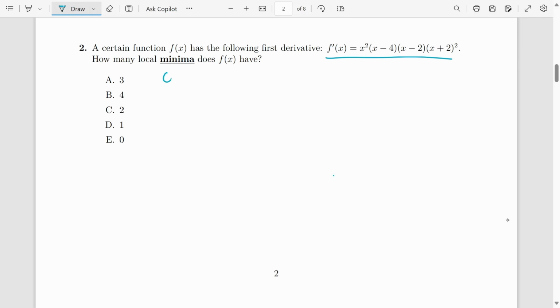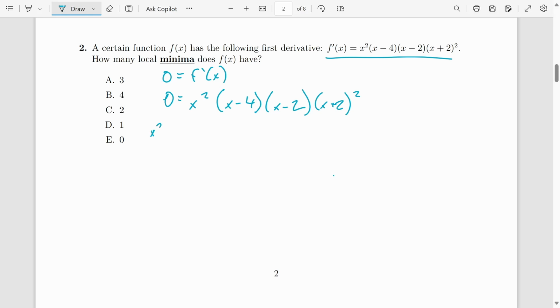We just set f prime of x equal to 0, and fortunately they've already given us our f prime of x, so we just have to plug that in and then solve for x. So this will be 0 equals x squared times x minus 4 times x minus 2 times x plus 2 squared. Okay, we can split this into a bunch of different equations now.